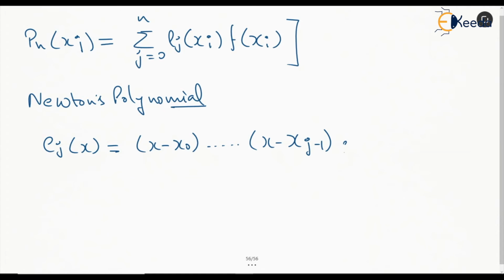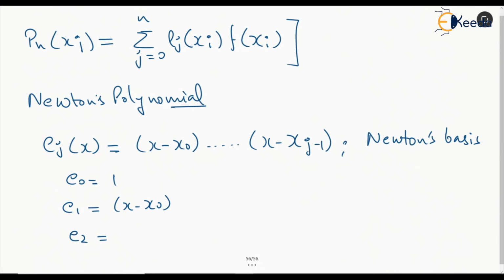So this is known as Newton's basis, right? So if we want to find E0, we do not have any term less than x0, so this is going to be simply 1. For E1 it is going to be x minus x0. For E2 it is going to be x minus x0 into x minus x1, and so on.